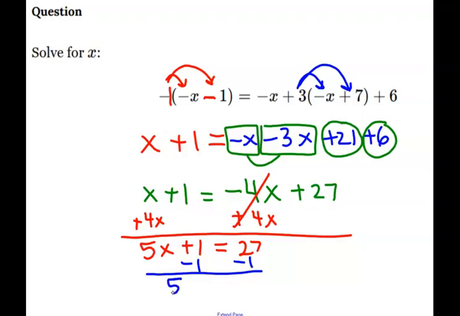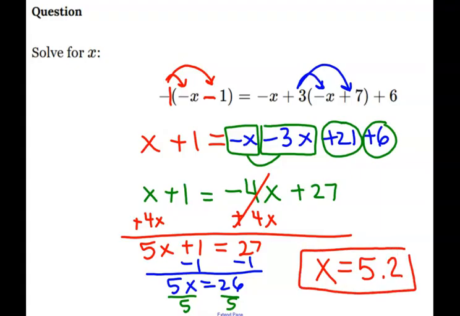This will give me 5x is equal to 26, and then divide both sides by 5, giving me an answer of x is equal to 5.2. Now you can use a check step to check your answer.